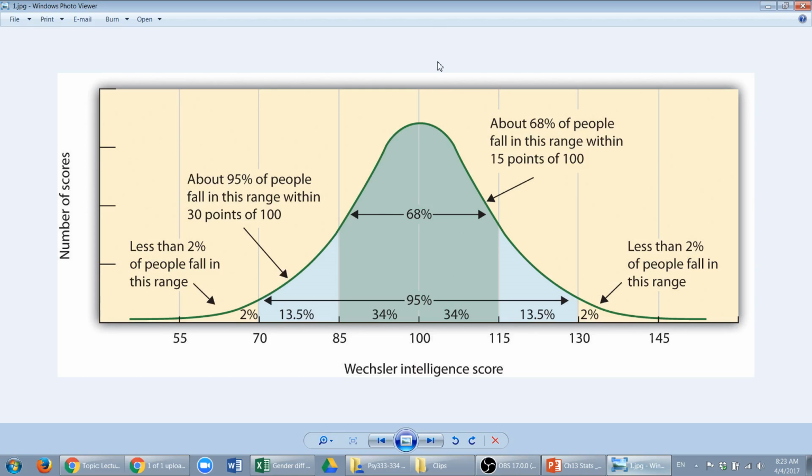So because we don't know the direction, which end women will be, this way or that way, we need to split this 5% on these two ends, 2.5 here and 2.5 right here. And this is called two-tail test.